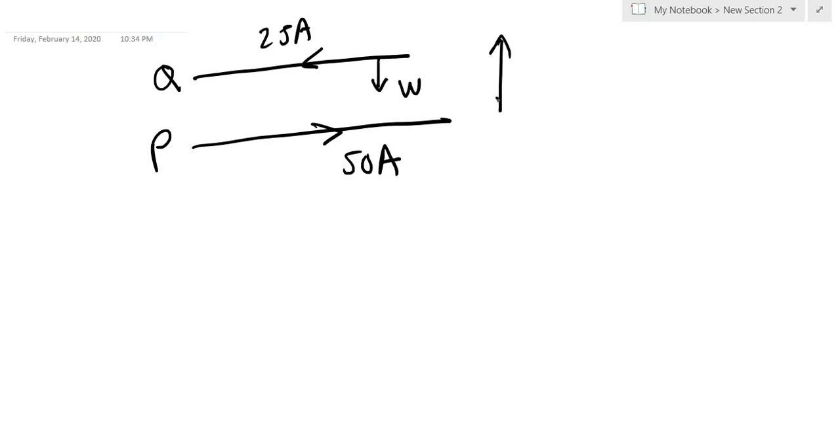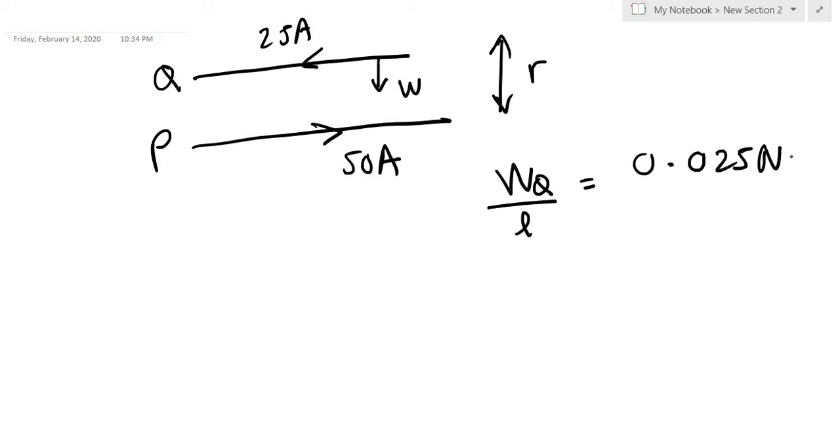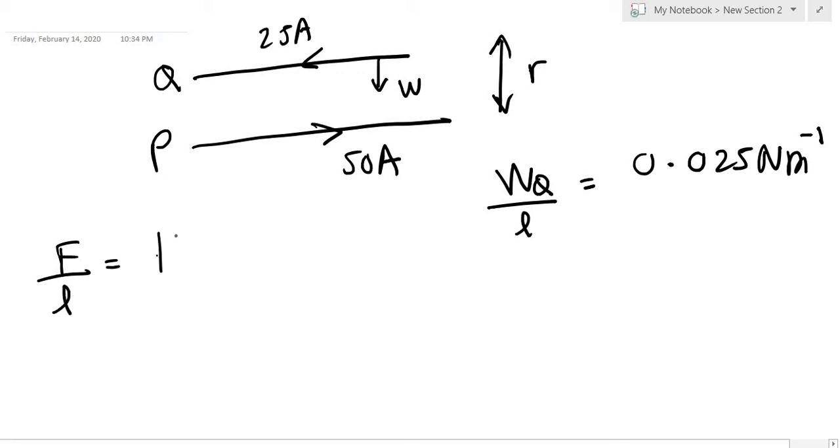Distance between the wires is R. Now the weight of Q per unit length has been given in the question, 0.025 Newton per meter. And now from our previous derivation, we know that F by L is mu naught by 4 pi into 2 I1 I2 by R.